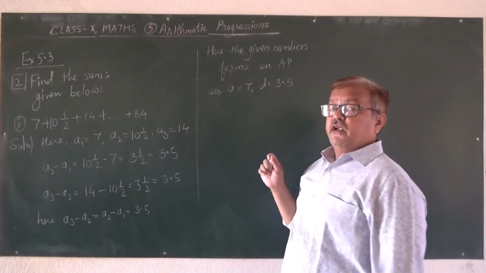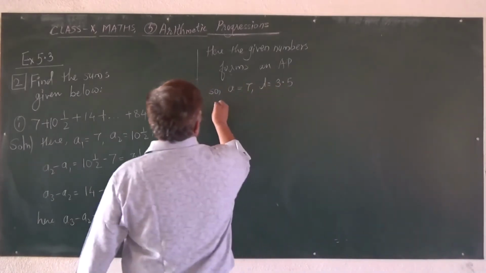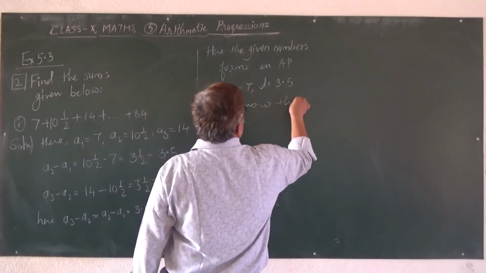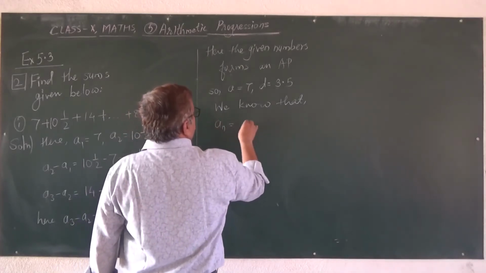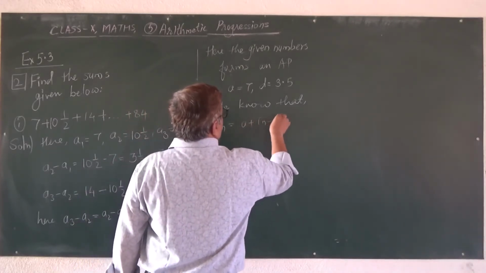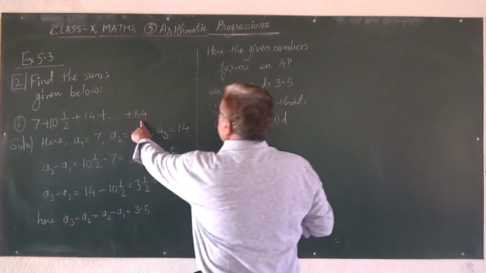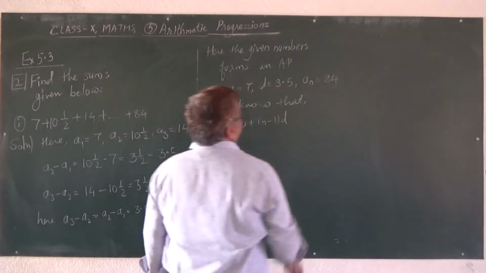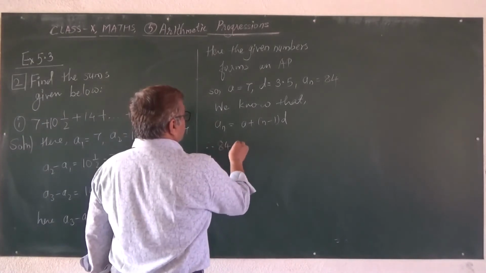So let us first find how many terms are there, the number of terms. Using the formula, we know that An is equal to A plus n minus 1 into D. You know the last term. What is the last term? 84. So you can write here An is 84, the value of the last term.